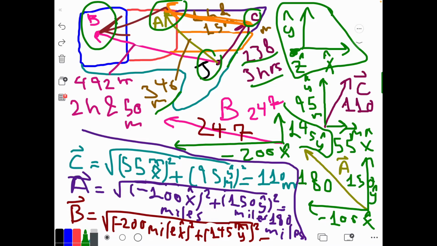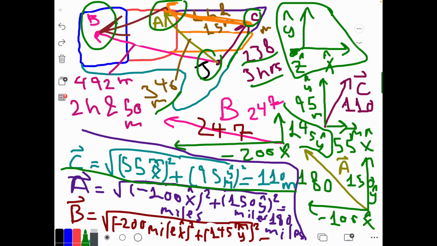If you want to find the magnitude of this vector, we take 55 miles x hat squared plus 95 miles y hat squared, and we get 110 miles for the magnitude. I do not include z hat because I don't have a z hat.